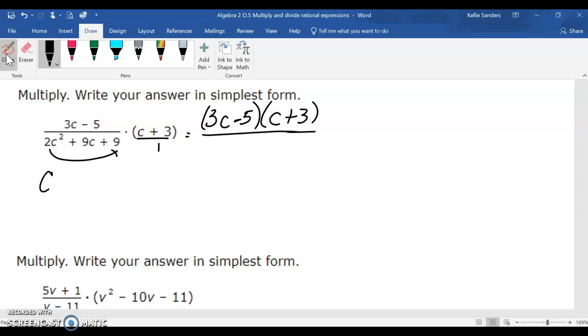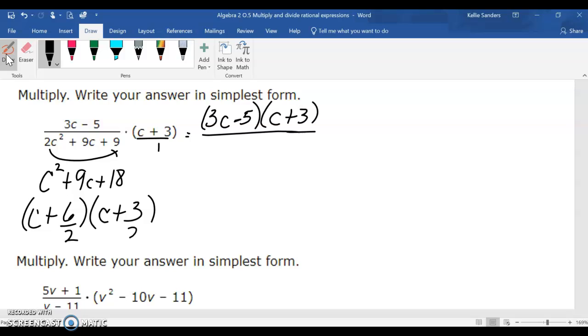So that 2 is going to go to the end at 9. And then we're going to factor. 6 plus 3 is 9. 6 times 3 is 18. Then we're going to put the 2 back in. That's 3. So we have c plus 3. And then that 2 will go back to the c.